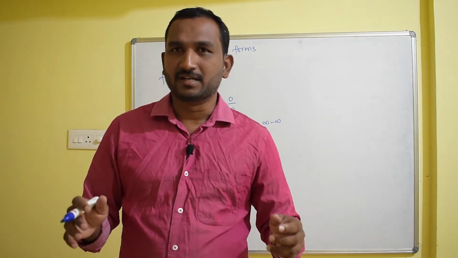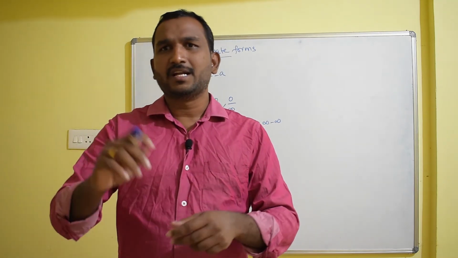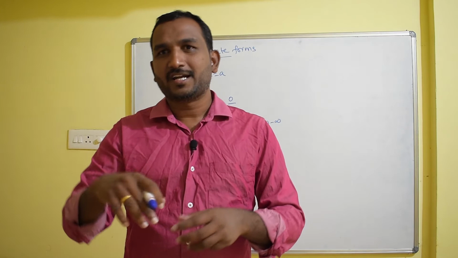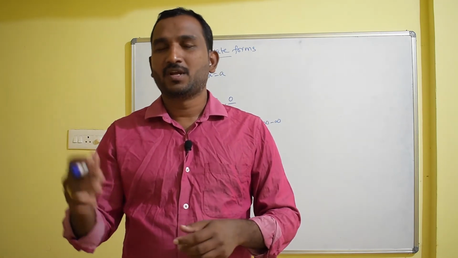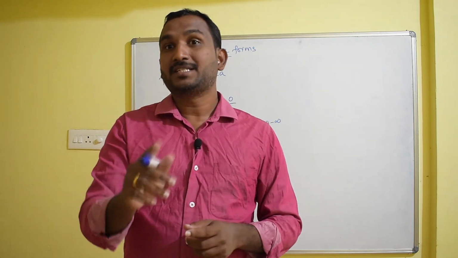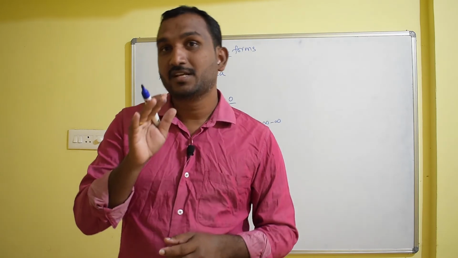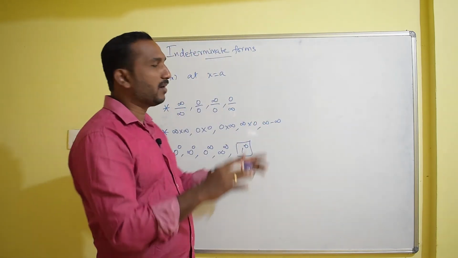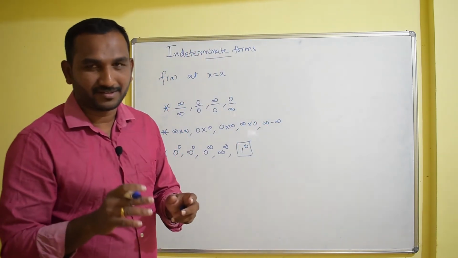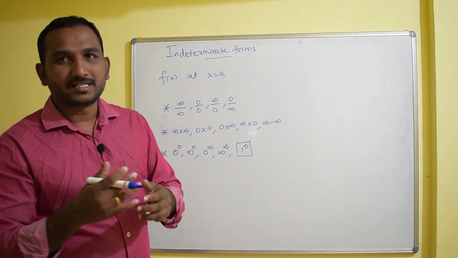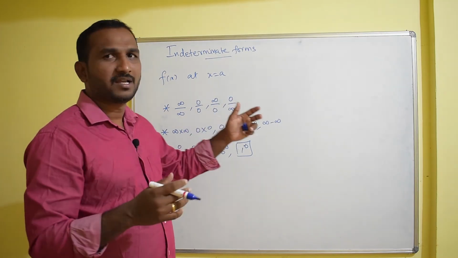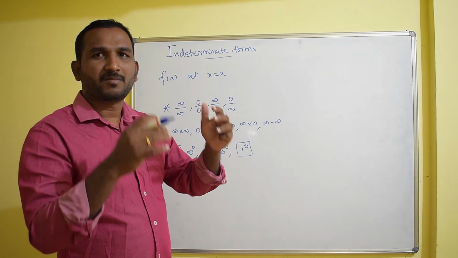No, you will never get it wrong. But it may lead to another 2-3 steps, or take another 2-3 minutes more, and the chances of making mistakes are very high. So if you know these results, you can simplify the problem very easily.